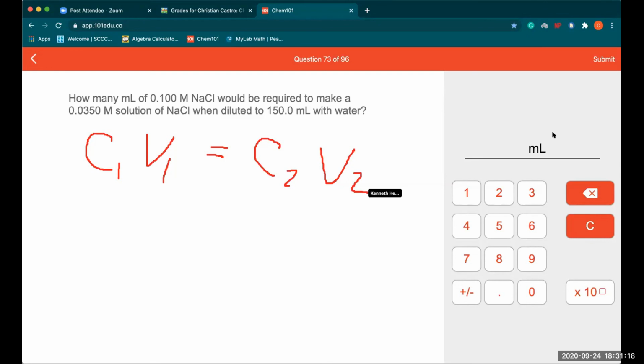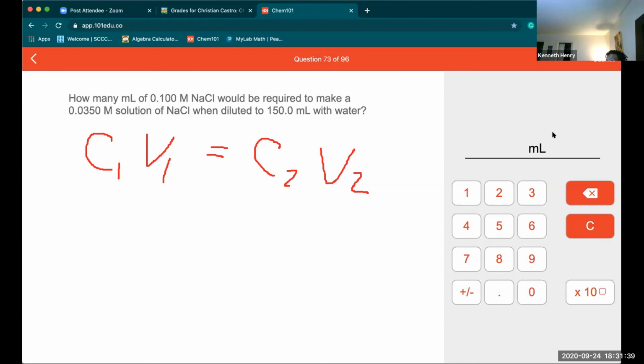So the C1 would be the 0.1, right? Yep. So then it'll be 0.1 moles per liter. And then the V1 would be the 150, right? So your C1 is going to equal your 0.100 molar.